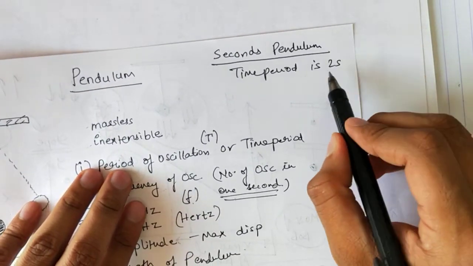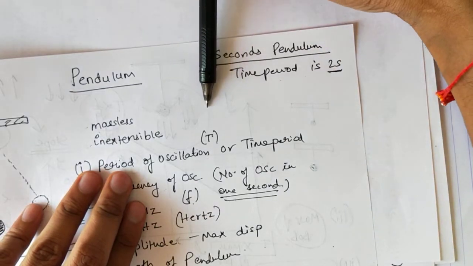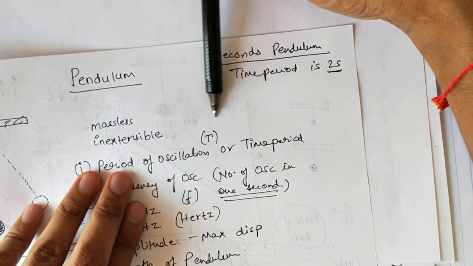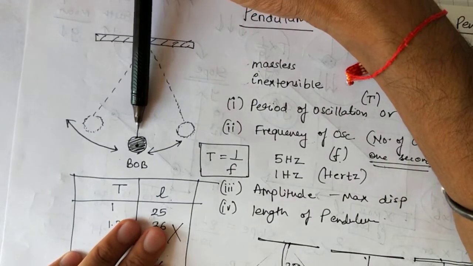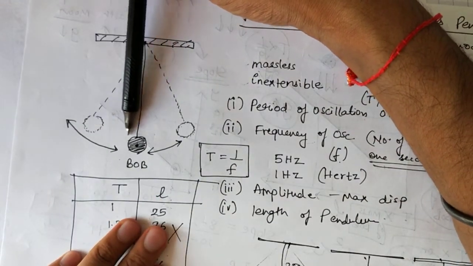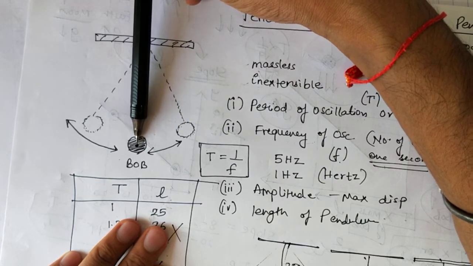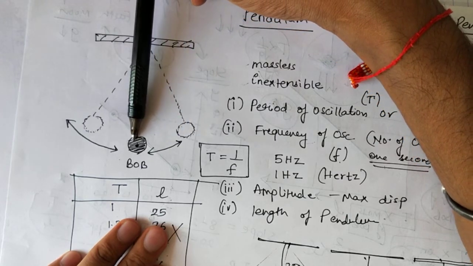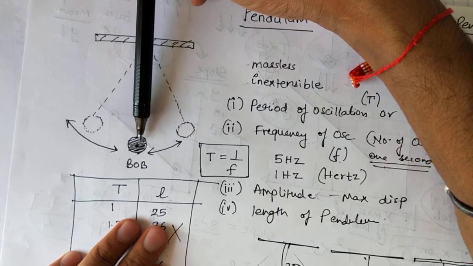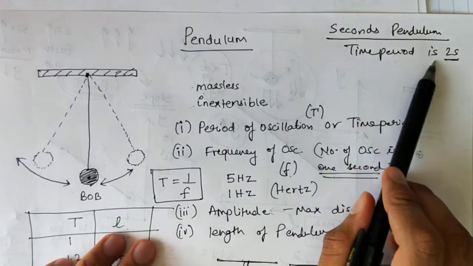Time period 2 seconds means it takes 2 seconds for the pendulum to complete one oscillation. For example, this is a pendulum, it starts from the central position, goes on the left, goes on the right and comes back to the mean position. If it takes 2 seconds to do this, then it is called a seconds pendulum.